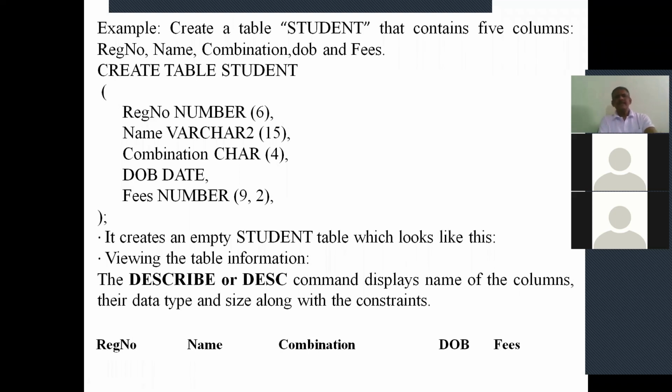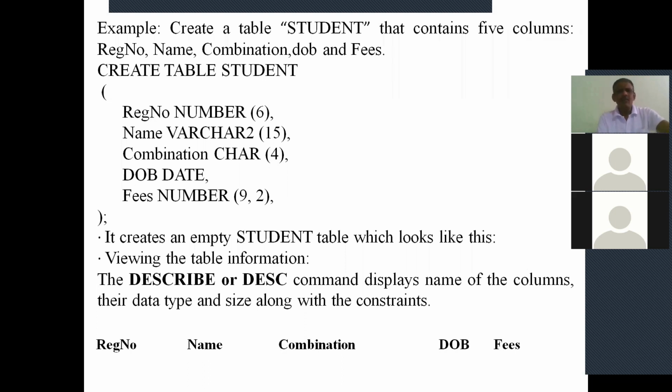The example is, we want to create a student table that contains some of the columns like register number, name, combination, date of birth, and fees. These are the 5 columns we are taking as example for the student table.